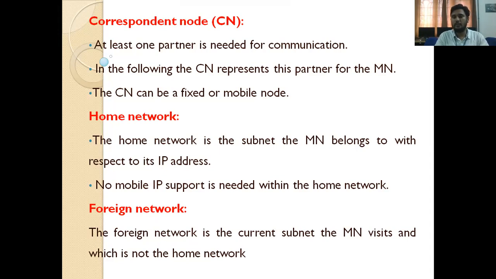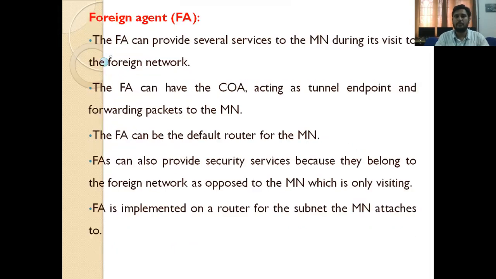Coming to the foreign network, the foreign network is the current subnet the mobile node visits and which is not the home network. If the correspondent node wants to send data to the mobile node in the home network, there is no need of mobile IP. If the mobile node is in another network, that network is called the foreign network. The foreign agent, FA, can provide several services to the mobile node during its visit to the foreign network.